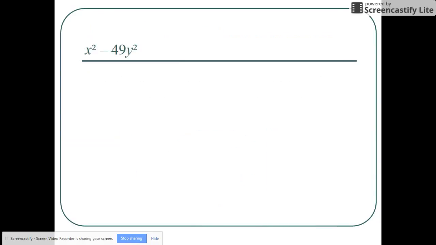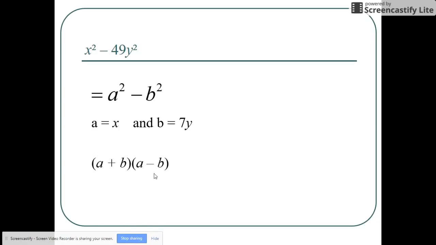So using this information, we substitute a for x and b for 7y. Look what we do. So a squared take b squared, right? We know that. So let's substitute a is equal to x and b is equal to 7y, and we're going to make it our formula that we already know. So every a is going to be changed into an x, and the b's are going to be changed into 7y, okay?